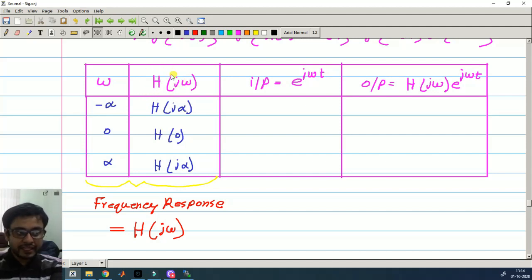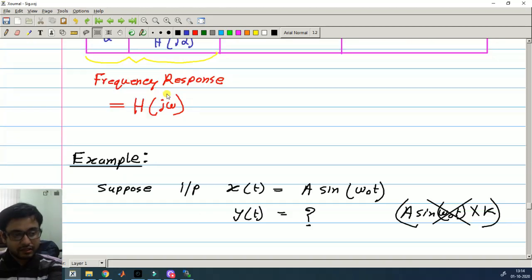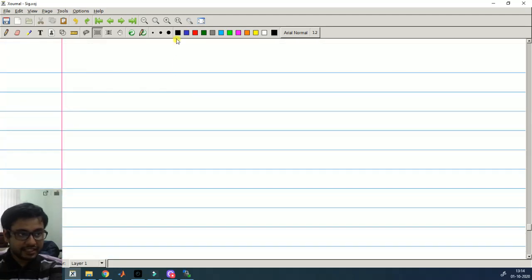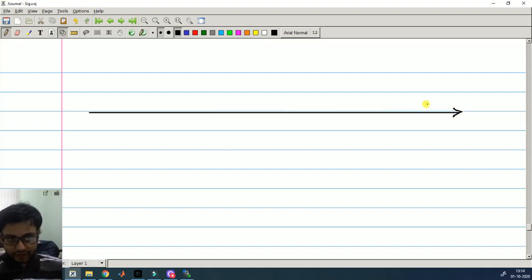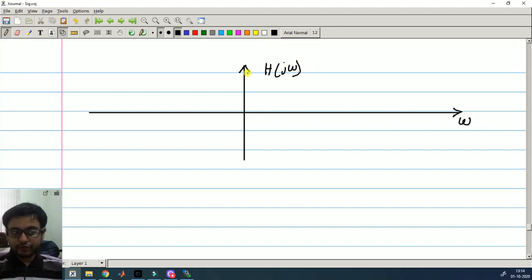So it will be nice to represent this function graphically like this. We will represent with this horizontal axis different frequency values omega, and we want to plot H(j omega) as a function of omega. However, this is a complex number in general, so we cannot plot this in one graph.